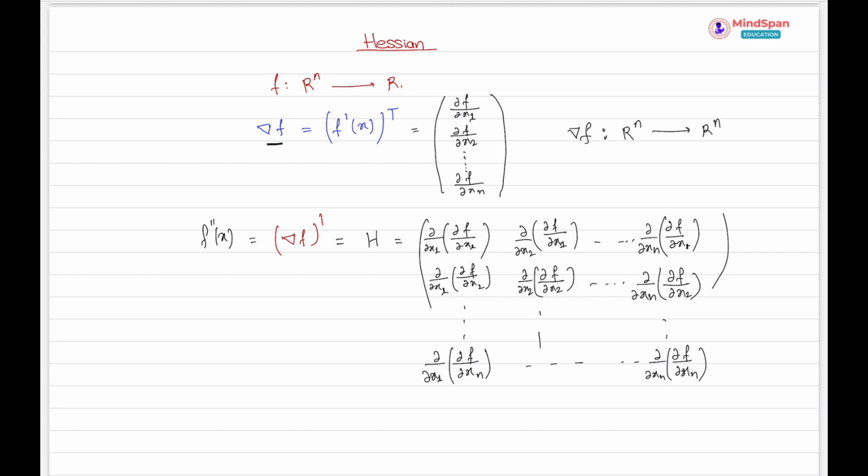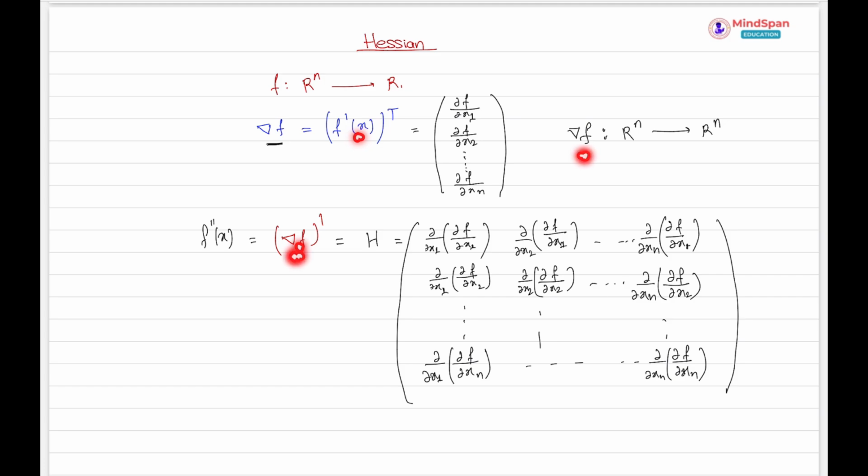So what is this? What we have found is the Jacobian of the gradient, and that is nothing but the Hessian. So the Jacobian of the gradient would be the derivative of this function, right?